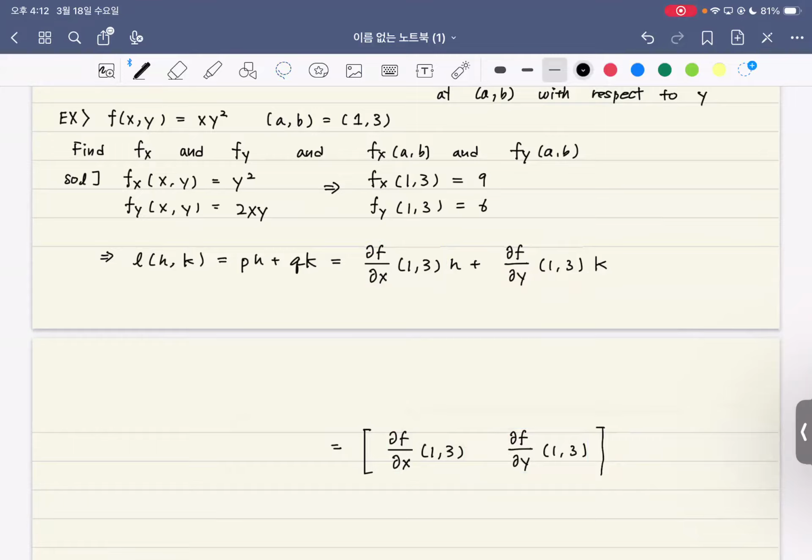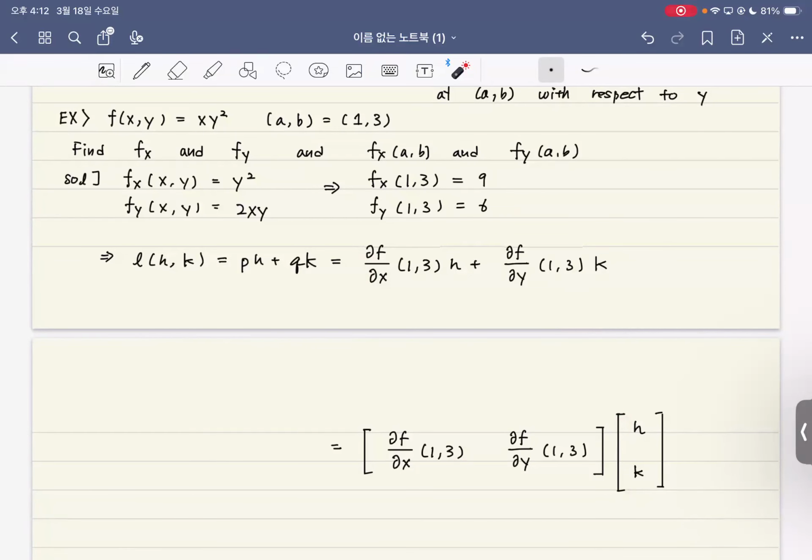Yeah, I am intentionally making things more complicated. Sorry about this. But H and K are the same thing. So this times this plus this times that.